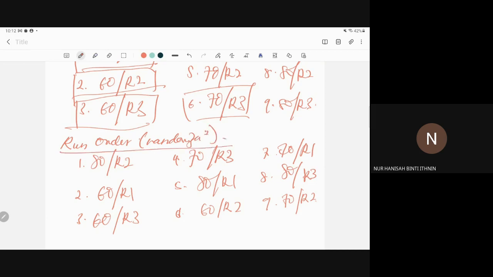When you go into the lab, you prepare 9 samples. The first sample, you do for 80 rep 2, and then the second sample, you do for 60 rep 1. You have 3 replications, meaning 3 batches of bananas.